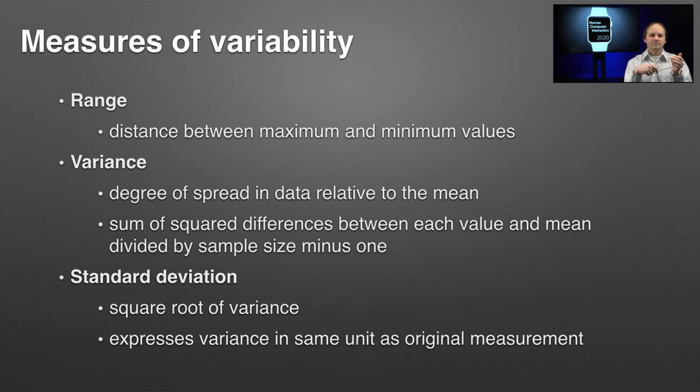I've got a description of how to compute that there, but this is basically telling you how much variation there is among your responses or your results for the thing that you're looking at. And related to that is the standard deviation, which is basically just the square root of the variance.